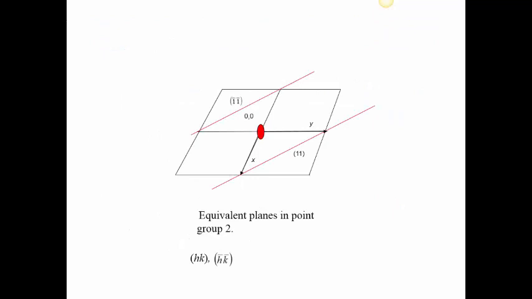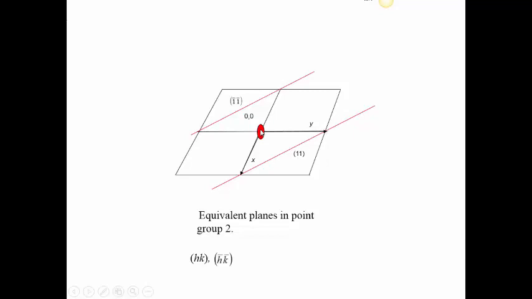For example, we have equivalent planes in point group 2. So if we just choose a plane, say the 1,1 plane, this intersects x at 1, y at 1. The reciprocal of 1 is 1, so we get the 1,1 plane here.